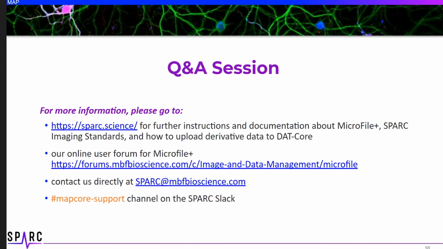The microscope itself often records the scaling information, so the microns per pixel sizing. We also recommend that you use your microscope's native acquisition software, for example using Zen when you're using a Zeiss scope, so that it will record the scaling for you. If the scaling is embedded, using MicroFile Plus will automatically pass that through.